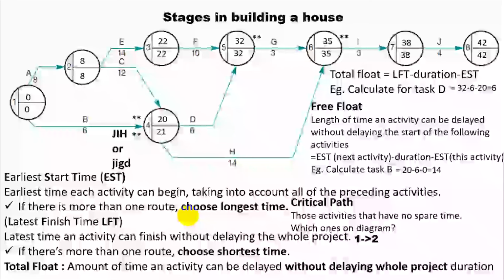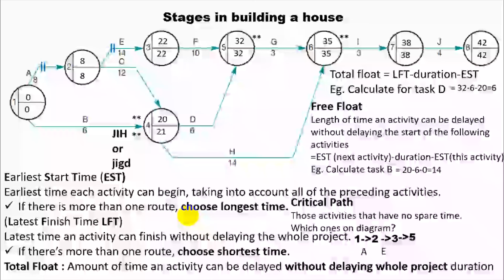Let's have a look. From node 1 to node 2, which is activity A, let's mark it. And then from node 2 to node 3, it is activity E, let's mark it.